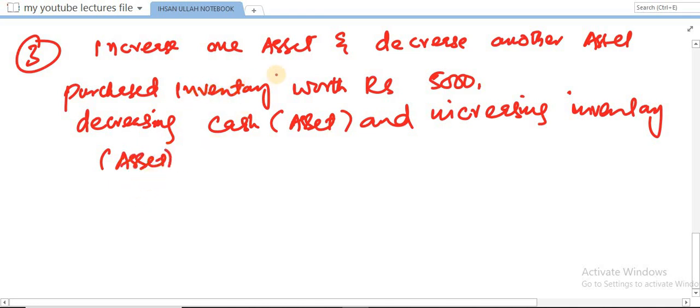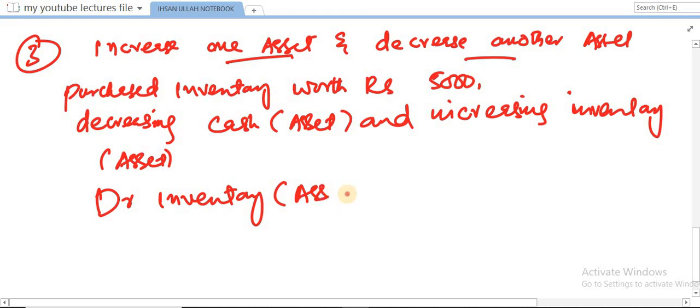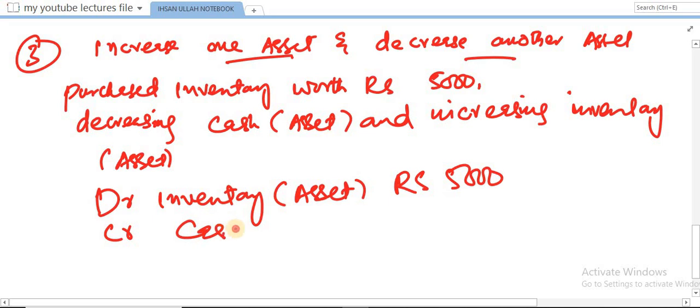So the effect is increase in one asset, decrease in another asset. So the journal entry will be: debit your inventory, because you're purchasing inventory, that will be an asset with Rs 5,000, and the credit will be your cash, that is also an asset with Rs 5,000.